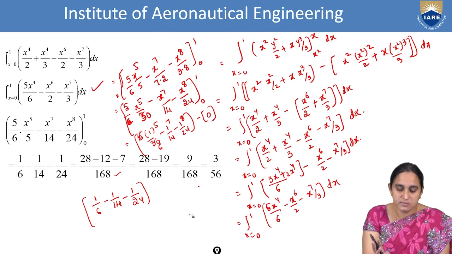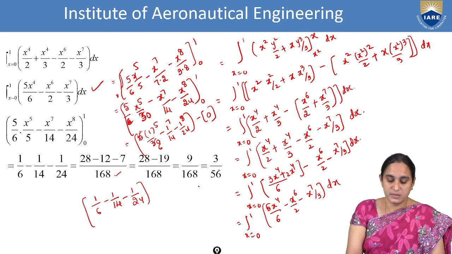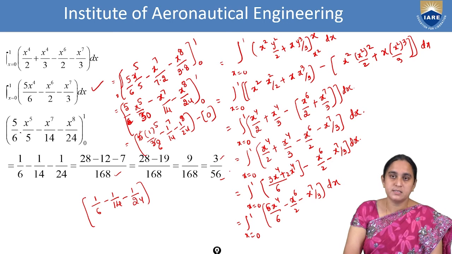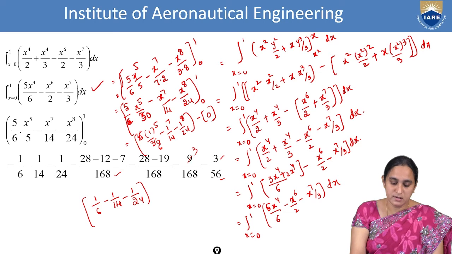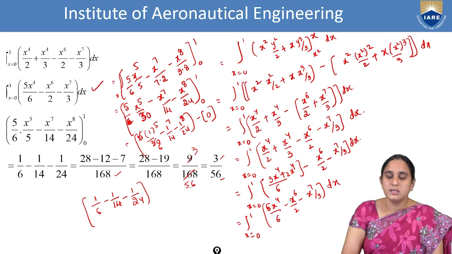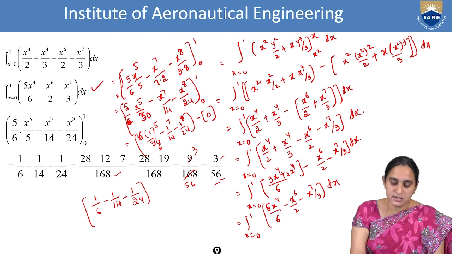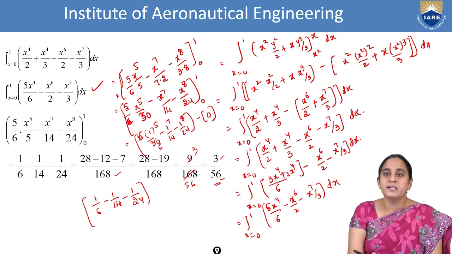Dividing by 3, that is 3 by 56. Therefore, the final answer for the first question is 3 by 56.